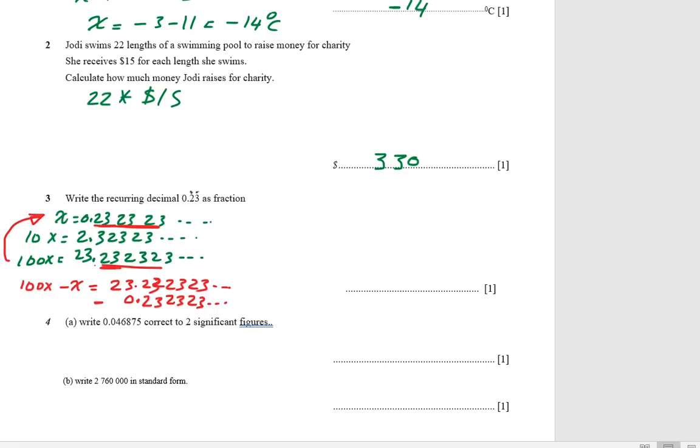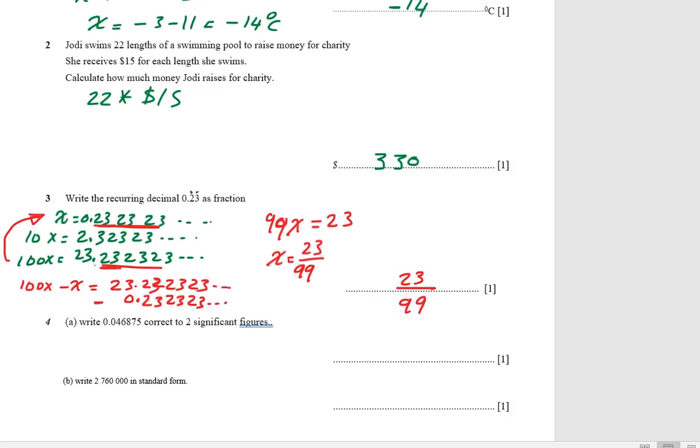So now 99x will equal 23. So x will equal 23 divided by 99. So the answer here is 23 divided by 99.